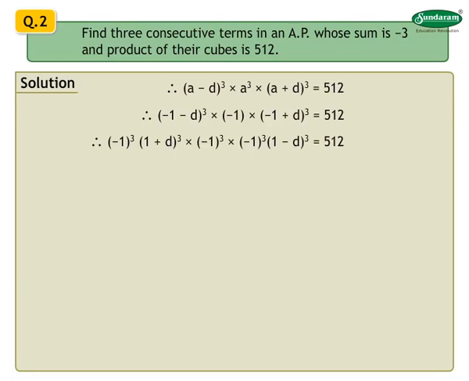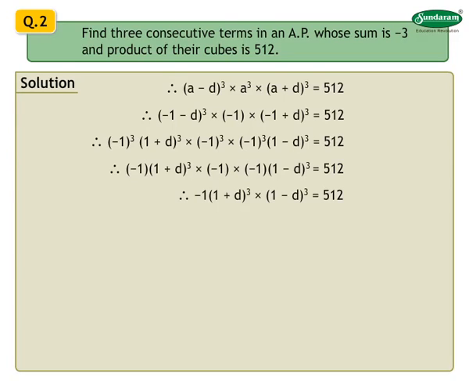Simplifying, minus 1 into 1 plus d, the whole cube, into 1 minus d, the whole cube, is equal to 512.